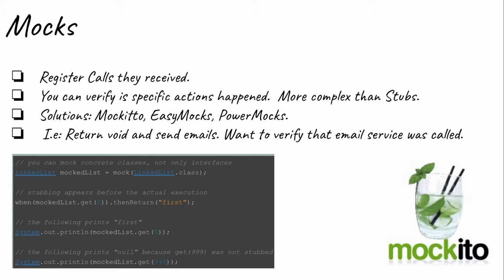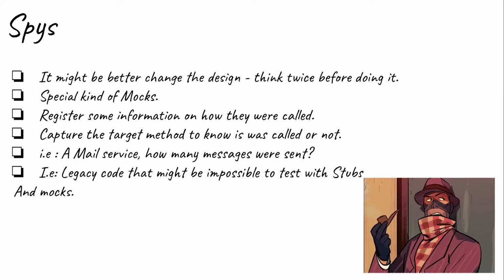And one example is, let's say, you have a method that returns void and sends emails under the hood, right? And you want to verify if that email was called, right? So that's mocks, right? There is a specialized form of mocks, which are spies.